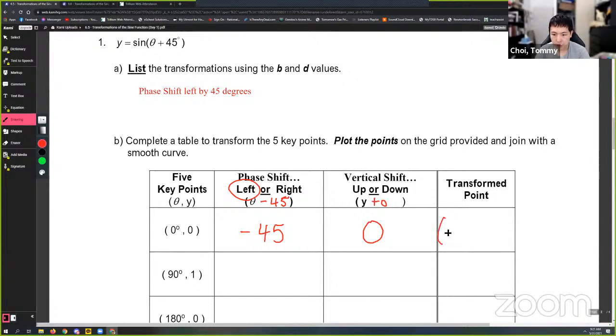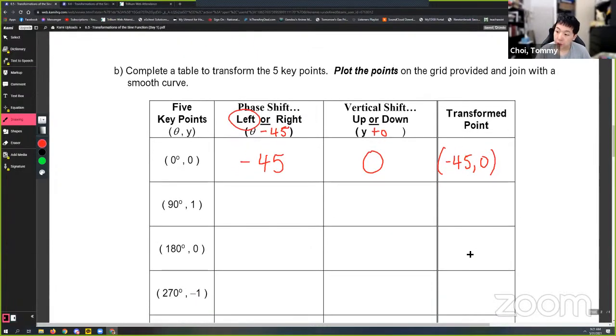My transformed point is negative 45, comma 0. And we do that for each one. 90 minus 45 is 45, and 1 plus 0 is 1, so my transformed point is 45, comma 1.